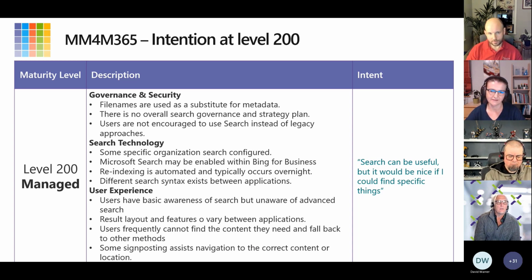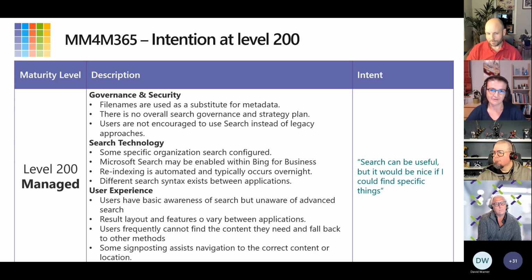Absolutely. And I believe in this case, level 200, the key is that they start to realize that it could be better, and they start to say it would be nice if. So it's still not good, obviously, and there are a lot of things missing about the content, about search, and even about permissions.